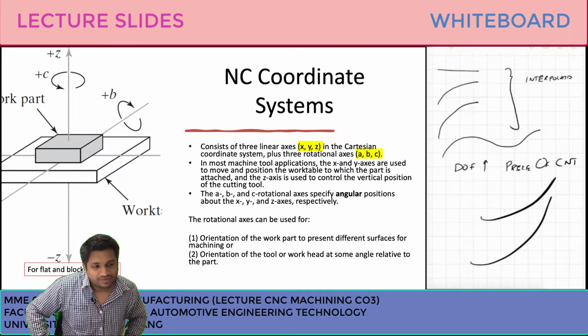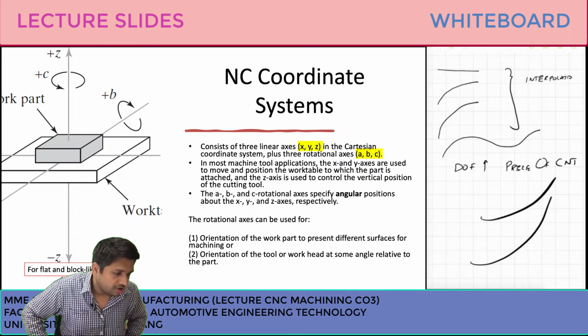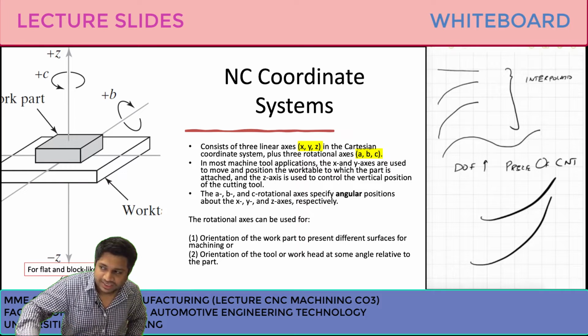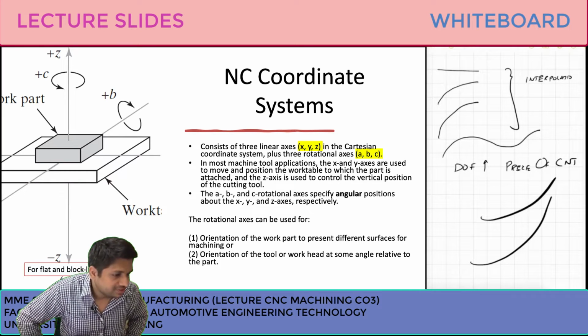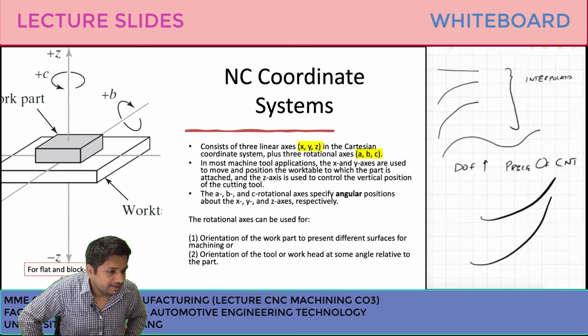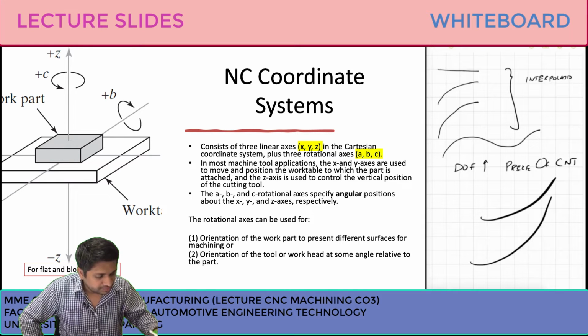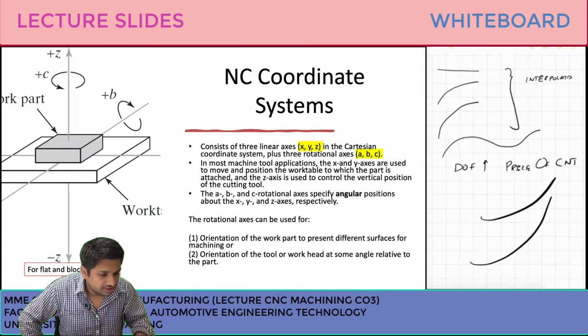We need to think how much is our requirement and how complex the shapes are that we are going to create, and only then, based on how many degrees of freedom we need, should we buy the machine. So this was all about flat and prismatic parts.